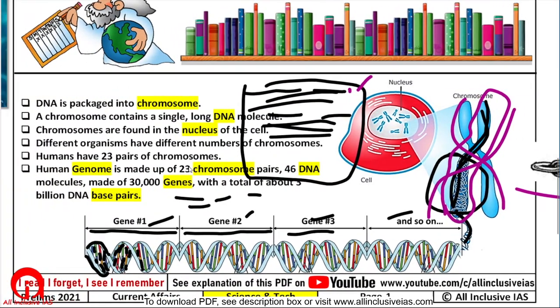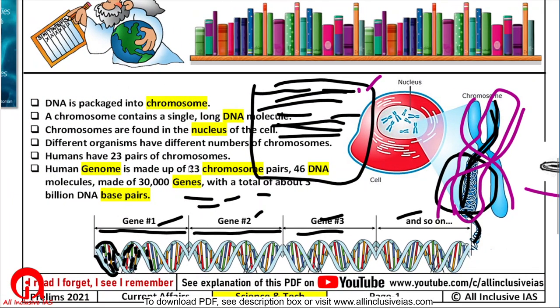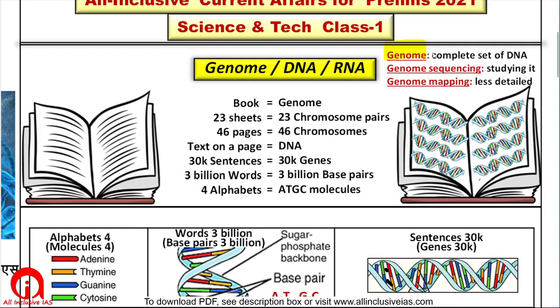So the complete information on a human, the complete DNA, you can find in the nucleus within the chromosomes. Whatever I have explained, I have written it here. So you would have understood that the genome is the complete set of DNA. On a page, this is one DNA, another page, another DNA.